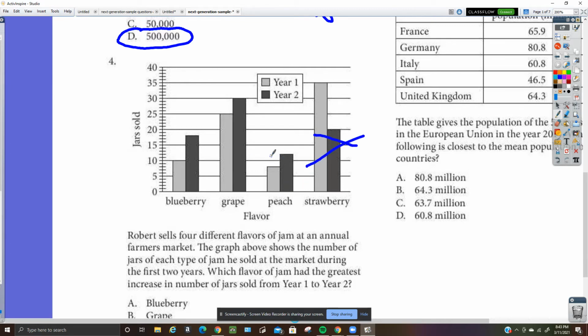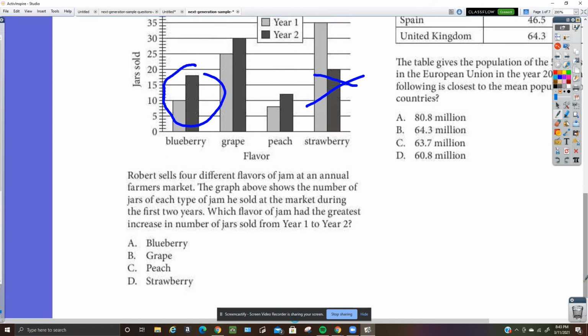So you're looking for the biggest difference here, and it would be that one, the biggest difference between the bars. You don't even have to figure out the subtraction; you just look at the difference between the bars. Whichever is largest is blueberry.